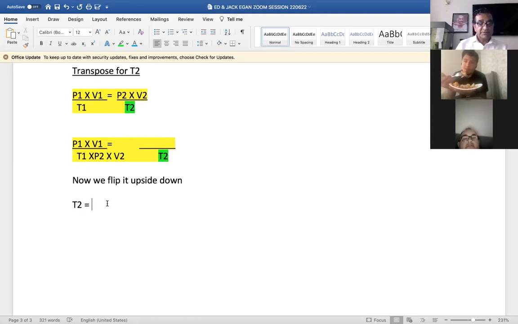So it's going to be T1 times P2 times V2 all over P1 times V1.